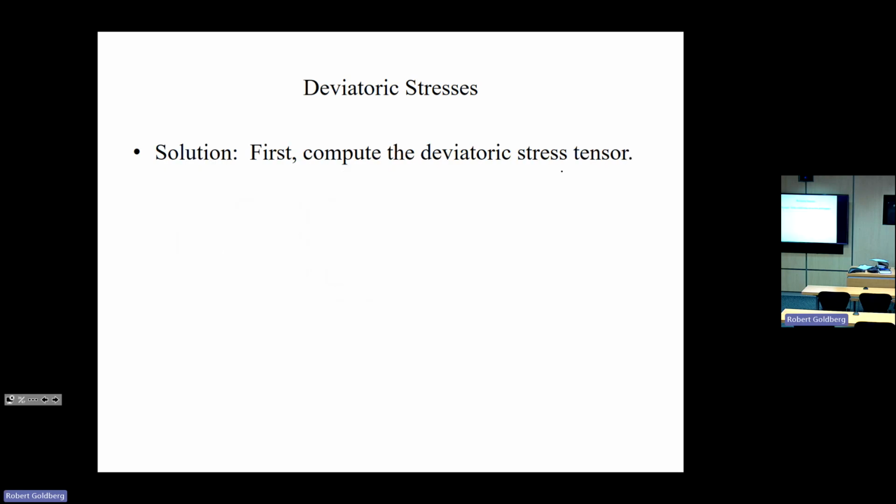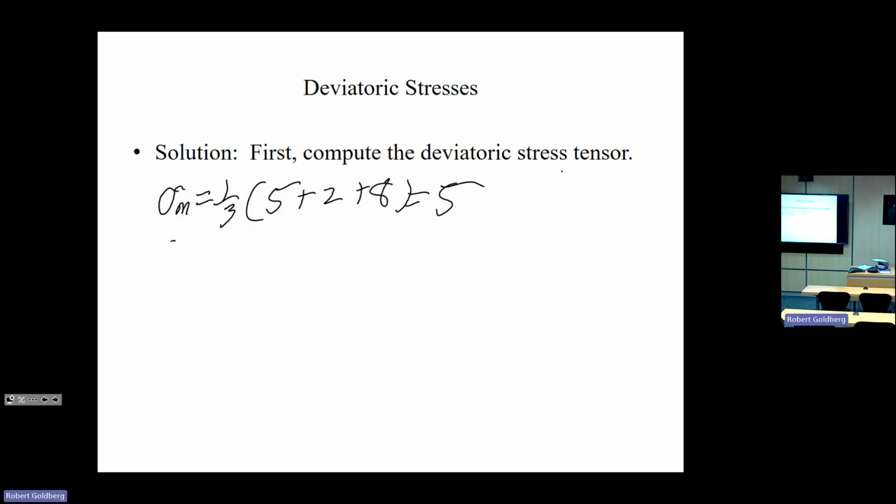So the first thing we have to do is compute the deviatoric stress tensor. So the mean stress is equal to 1/3 of the sum of the normal components. So it's 5 plus 2 plus 8.